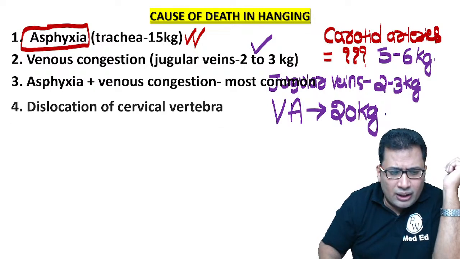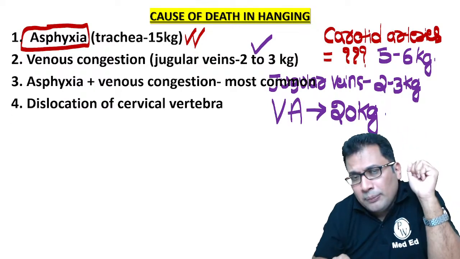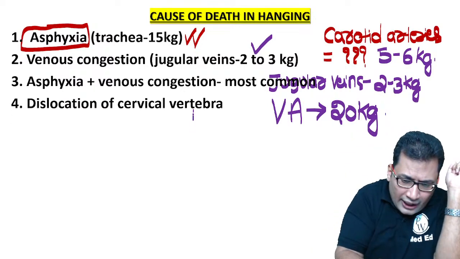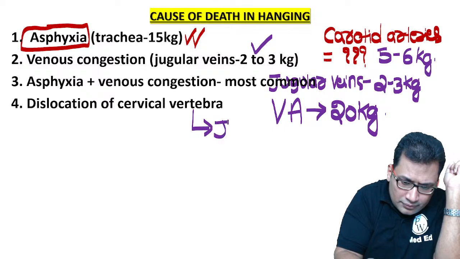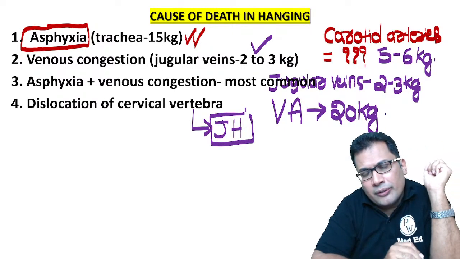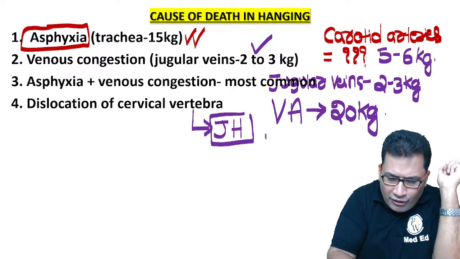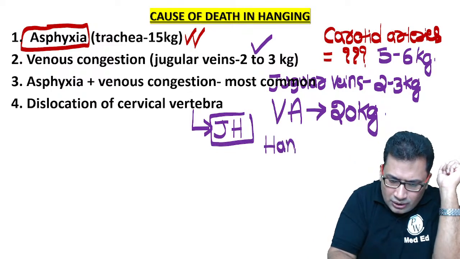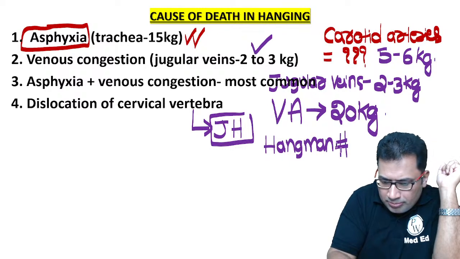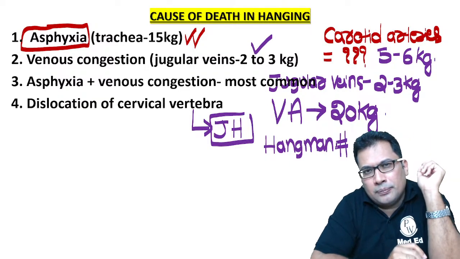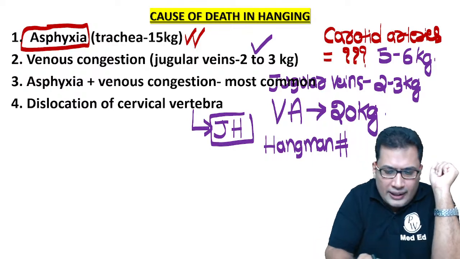Sometimes it can be a dislocation of cervical vertebra in case of judicial hanging. Judicial hanging is known as hangman fracture. Can anyone answer what do you mean by undertaker fracture?